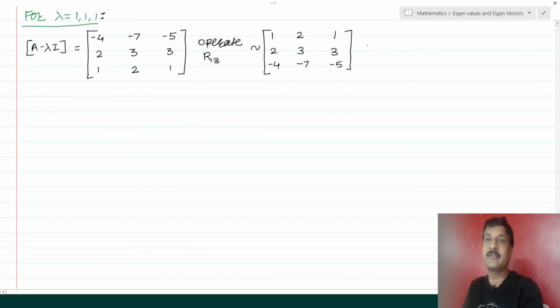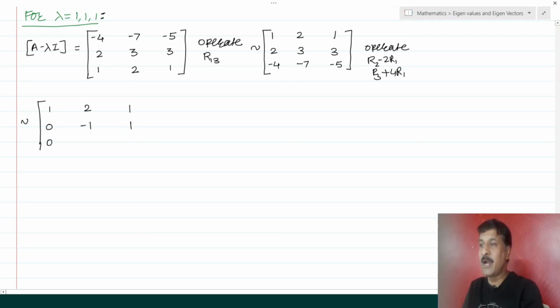So operate R2 minus 2 R1 and R3 plus 4 R1. So I am getting the equivalent matrix: 1, 2, 1; 2 minus 2 is 0, 3 minus 4 is -1, and 3 minus 2 is 1; here 0, -4 plus 4, -7 plus 8 is 1, and -5 plus 4 is -1.